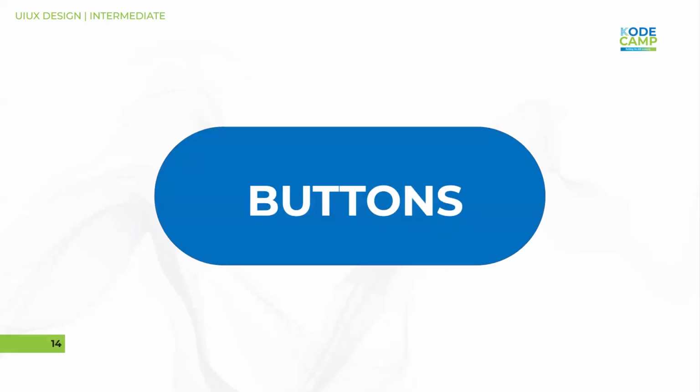Okay, so let's look at UX writing for these elements. We are going to look at a few elements: buttons, input fields, dropdowns, and I think a few others. All right, so let's look at buttons. What is the UX writing for buttons?